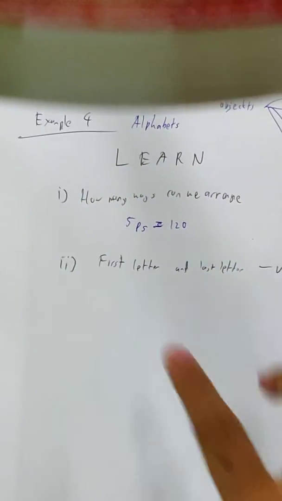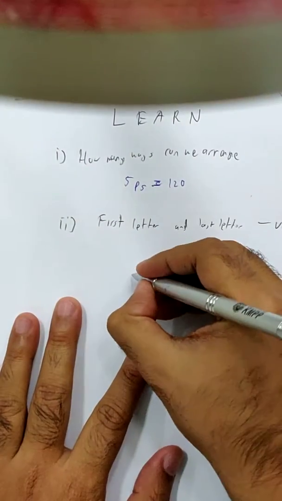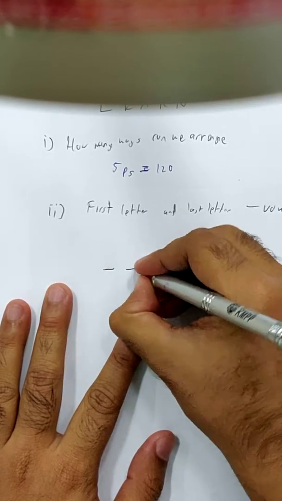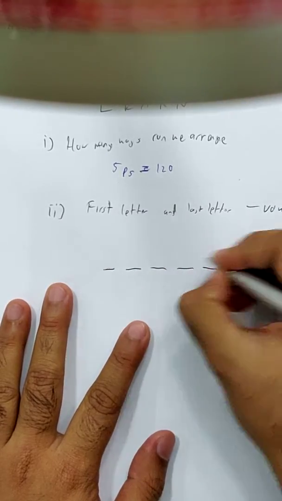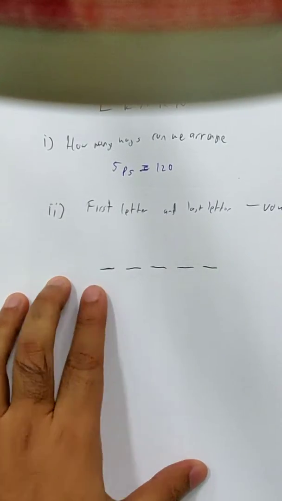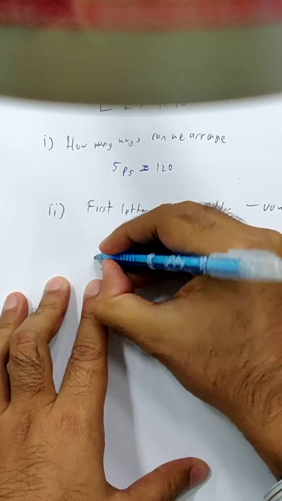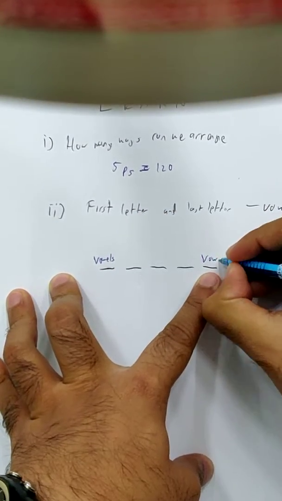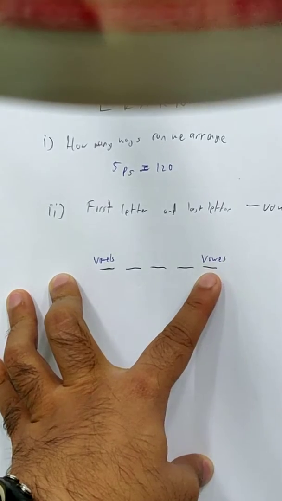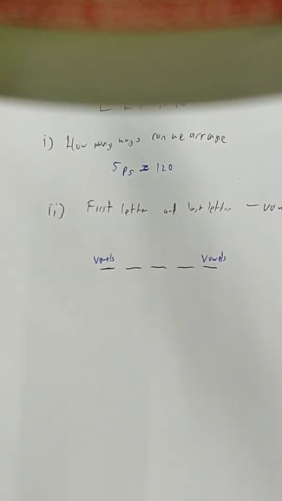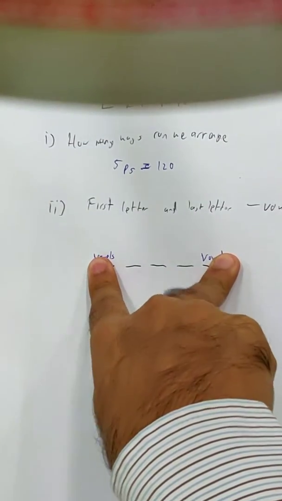Okay, so let's plan it out. How many places do we have again? 5. 1, 2, 3, 4, 5. Okay, when it comes to place, this is how I do. And the last and the first, this one is vowels. This one is also vowels. Are you guys okay? So we plan it out first.